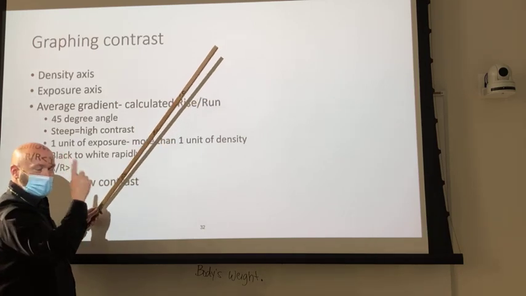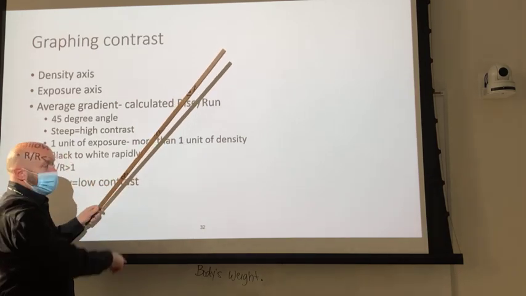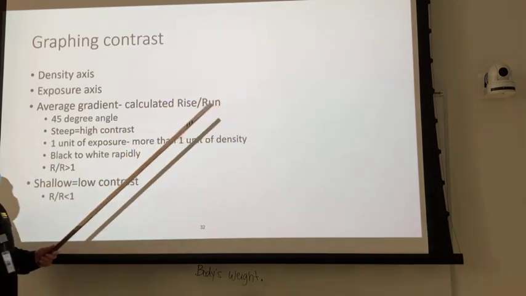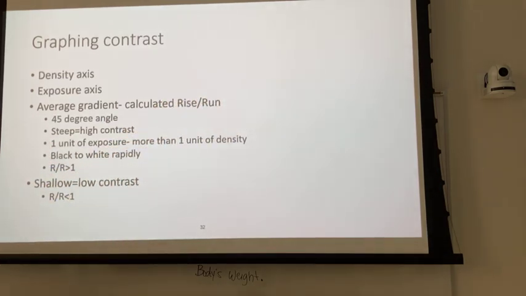So if you're at 1, that means, 2 divided by 2 would be what? 1, right? So a 1 in our average gradient would be a 45-degree angle of the curve. So that's, rise over run is a calculation that you use in landscaping, roofing, glide ratio of airplanes. It's all essentially the same.